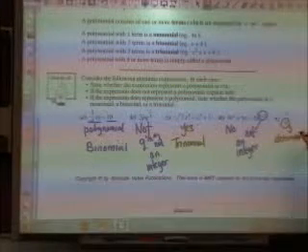Is E a polynomial? Why not, Connor? Variables in... The other way I could explain it is 7 over A. If I bring the A up, what happens to the exponent?